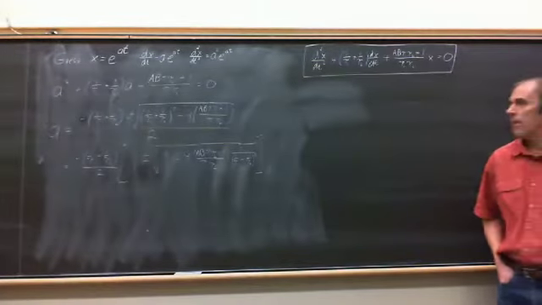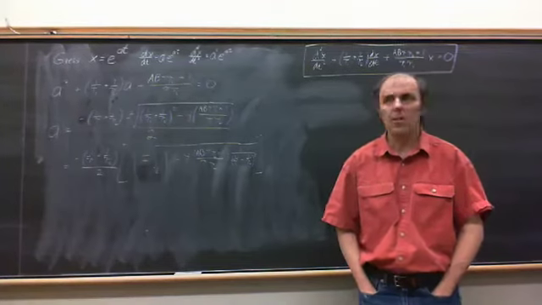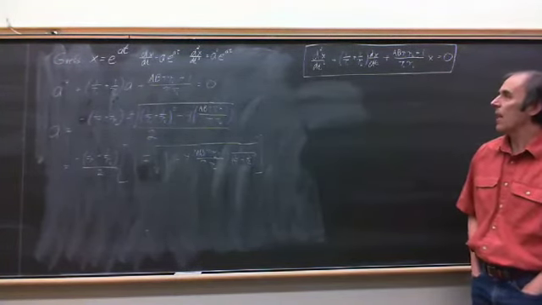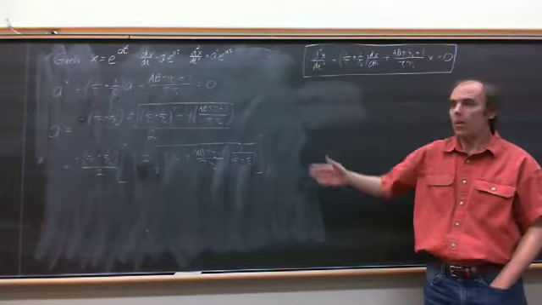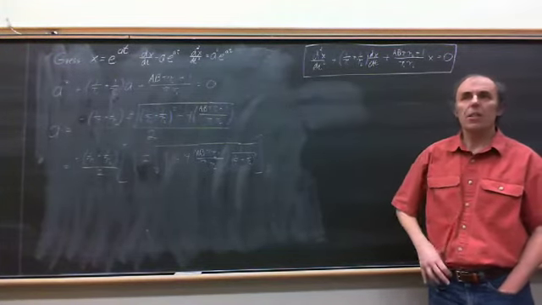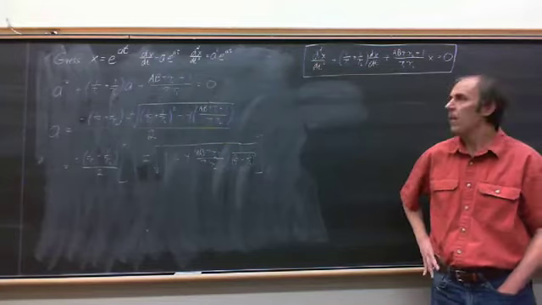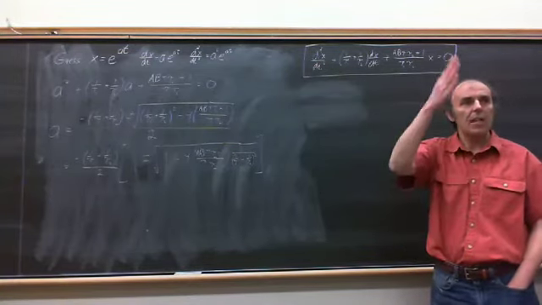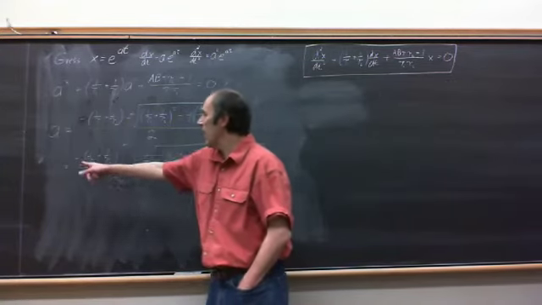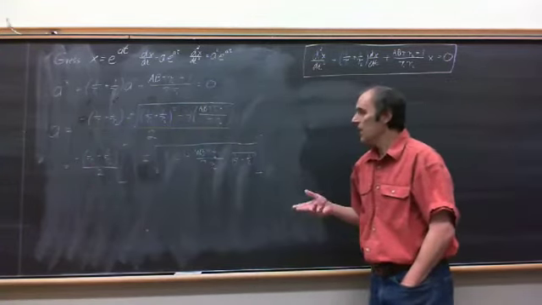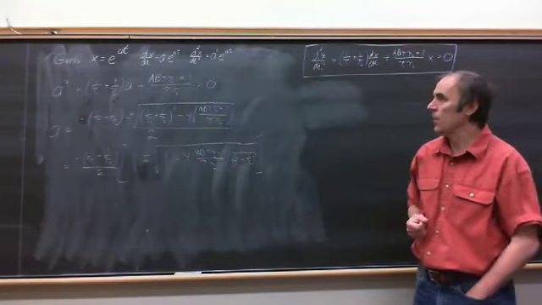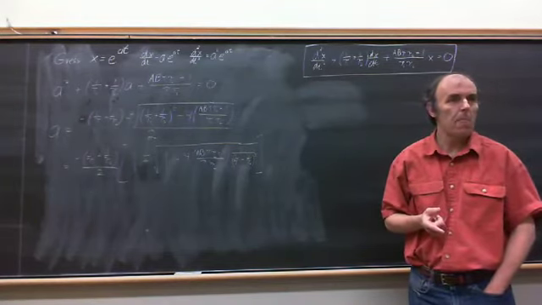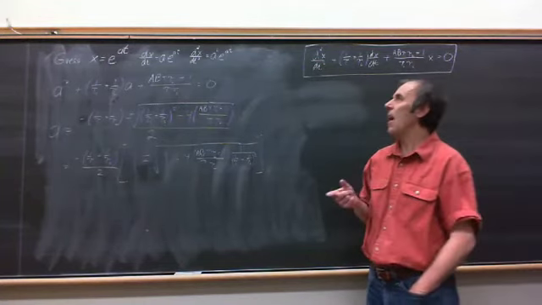Okay. Now, here's the question. Well, first let's analyze this. If A is real, then you're just going to get exponential behavior. In particular, if A is negative and real, it just decays away exponentially. We've got a minus sign out here, so it's likely that we can get something to be negative. But if A is imaginary, what happens? What is e to the i A t?